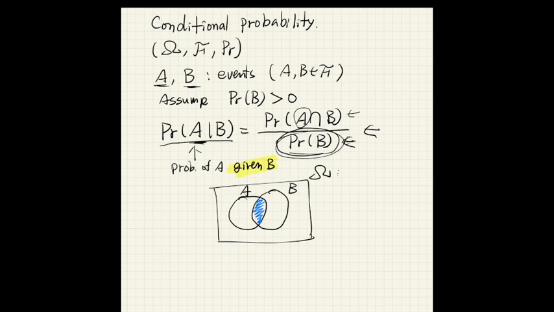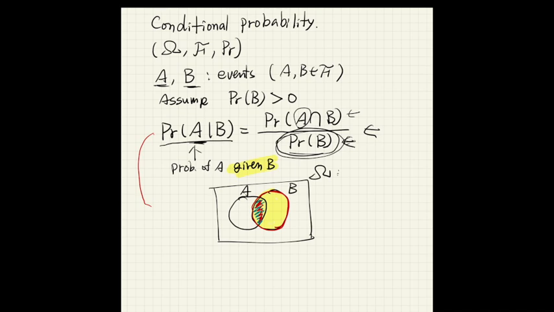And we divide this part by this area. Okay, so that means this conditional probability is a relative size of this area with respect to B.